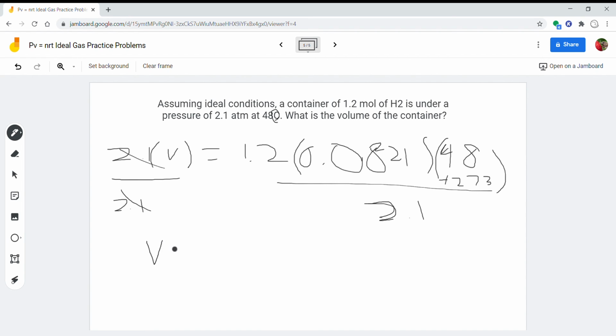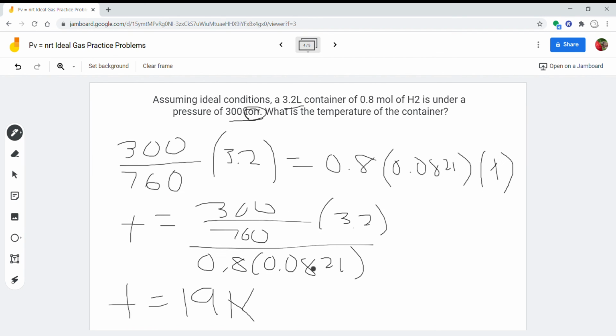And what we'll get is 15.05 liters. If you're going off of sig figs, technically it would be 15 liters. But yeah, this is how you would do that.